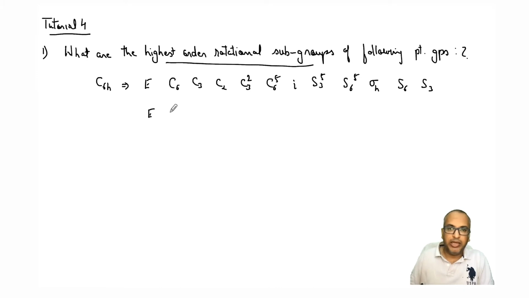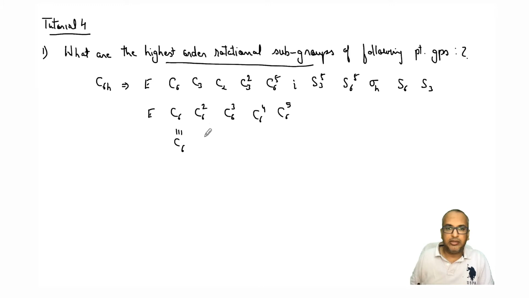So that will be E, C6, C6 square, C6 cube, C6 4, C6 5, and C6 6 will be E. So now this is equivalent to C6, right?